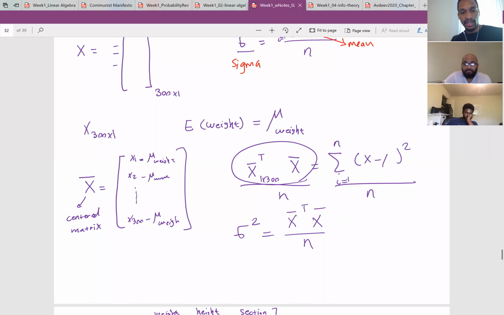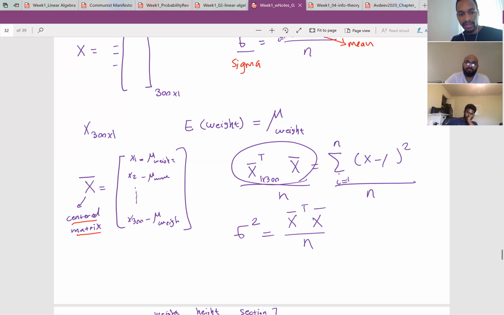So then he also defines this centered matrix as a matrix where you subtract the means from each of the components. I think it's easiest to think of this in a data analysis sense, when you're working with means and standard deviations.